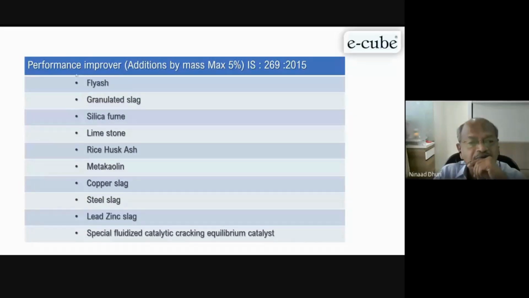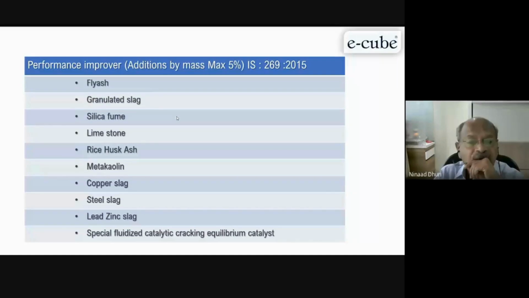Now what is happening with this is, whenever you are making concrete, some of the ingredients may not be compatible with your admixtures. If I take silica fume or slag, they may not be compatible with the particular source of admixture, and there will be a lot of issues in concrete.